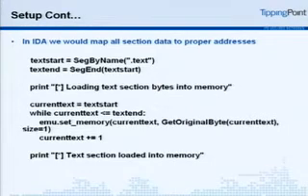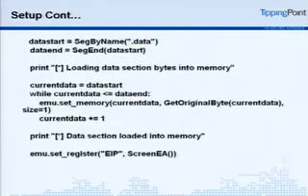You'll see emu.setMemory with the original byte, which is reading from the IDB. I don't know how fun code is to read on a big screen, but you'll see at the bottom, emu.setRegister. We'll set our EIP to the current screen EA, and if you don't know, screen EA is basically where your cursor is in the IDB.